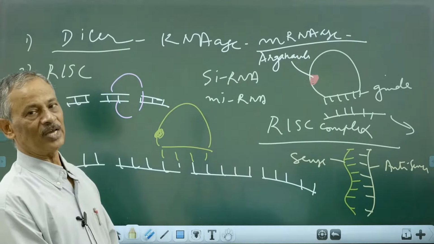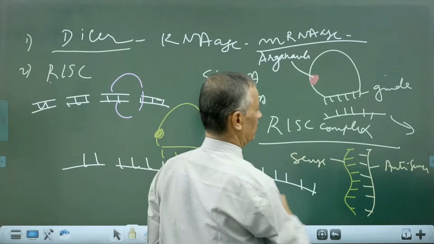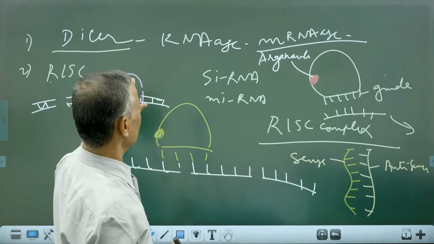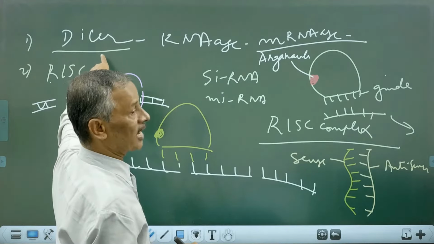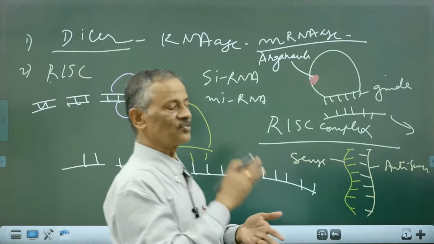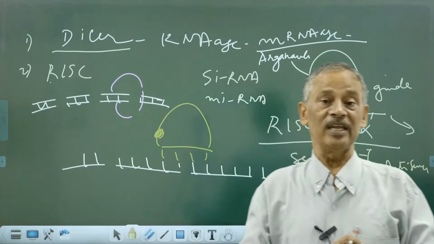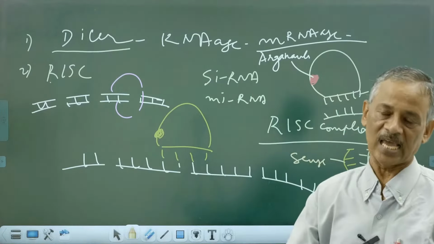So when these are all formed, since they are complementary, immediately they will form a double-stranded RNA. And whenever double-stranded RNA is produced, immediately the Dicer comes and activates, and a RISC complex is produced. And that RISC complex remains in the cells of the tobacco plant.